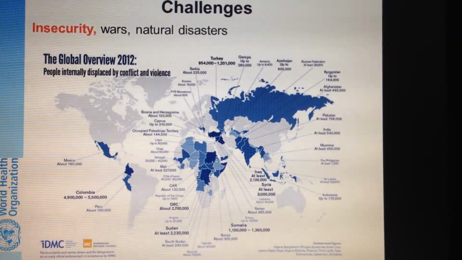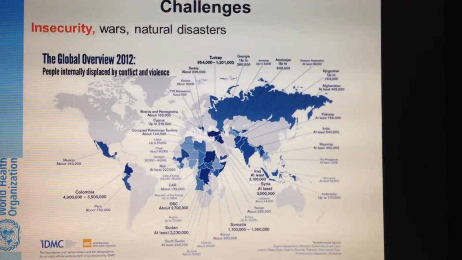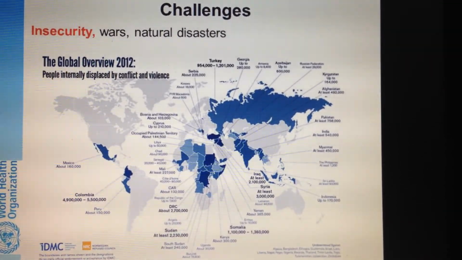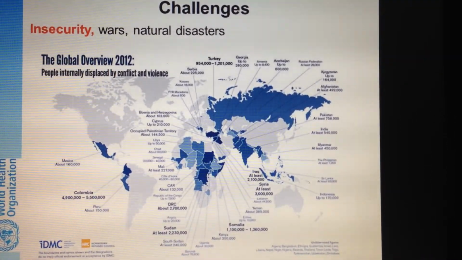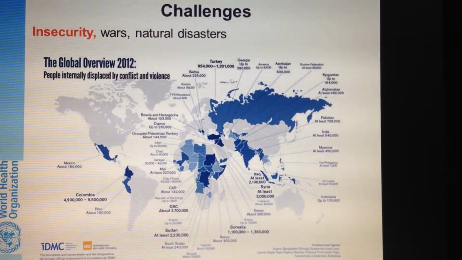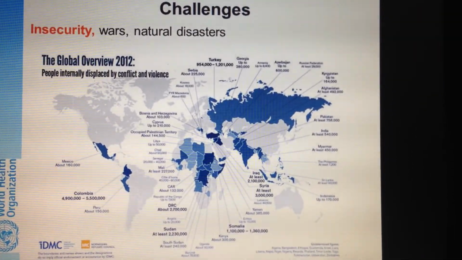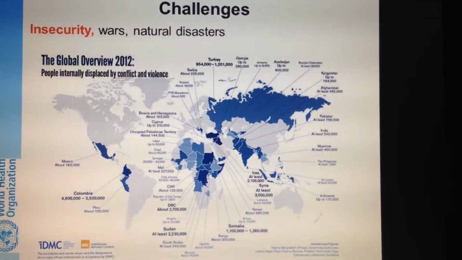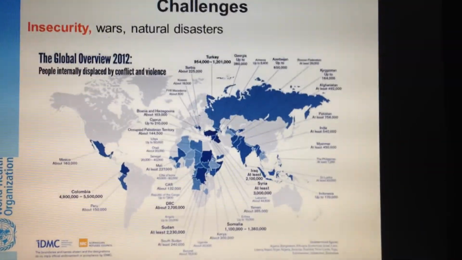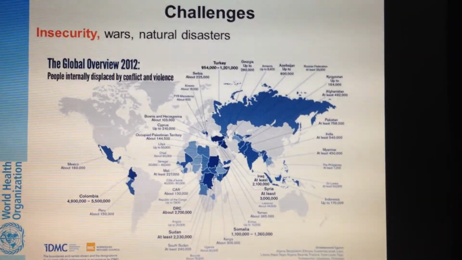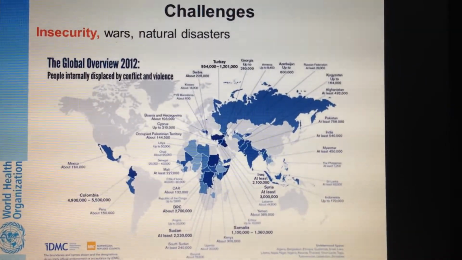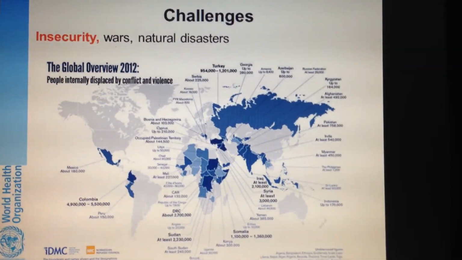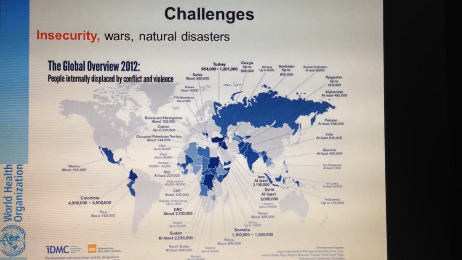Insecurity is playing a very big role in how we can conduct operations. It's a main challenge, and in this map you can see the number of wars and armed conflicts that exist in the world. Again, you can realize that most of the countries affected by a war or conflict are the countries in the tropics and the countries highly affected by NTDs.